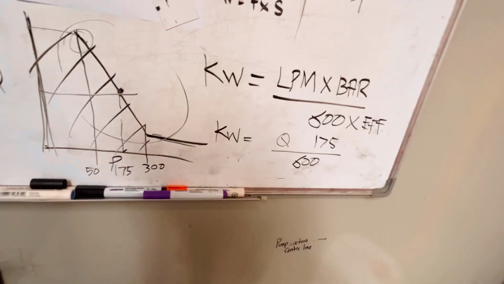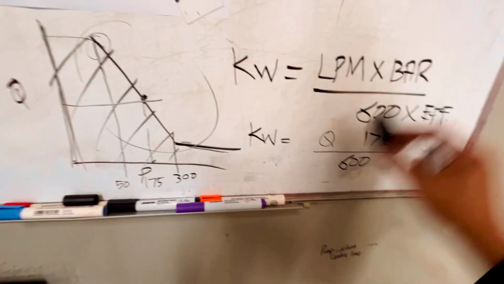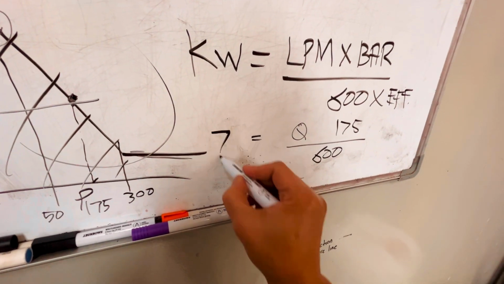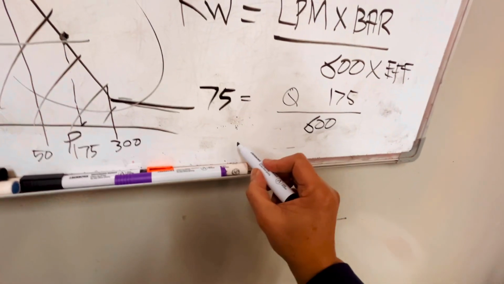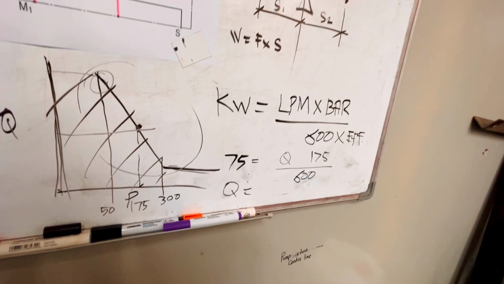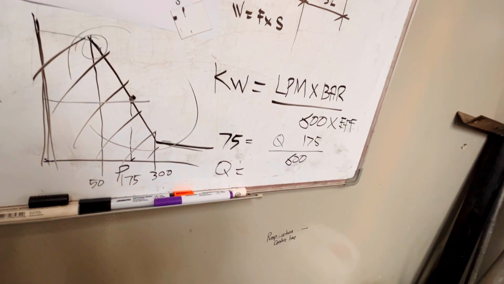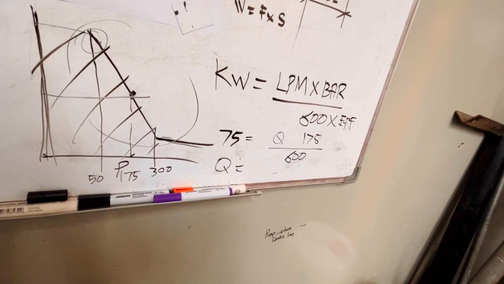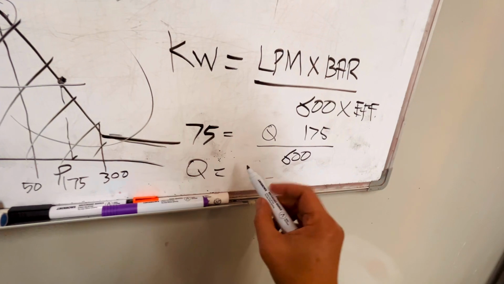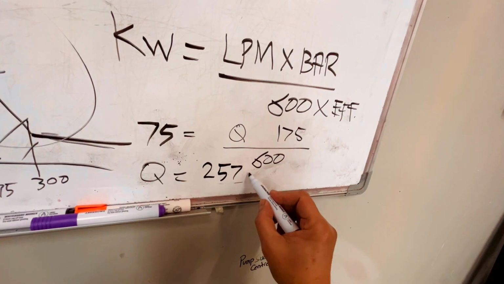Let's say the available kilowatt on your drive power is only 75 kilowatt, for this training only, guys. Now the Q: 600 times 75. Let's put 100% efficiency, guys, for this training, and then divide by 175. So you have 257 point something, so we just put liters per minute there.